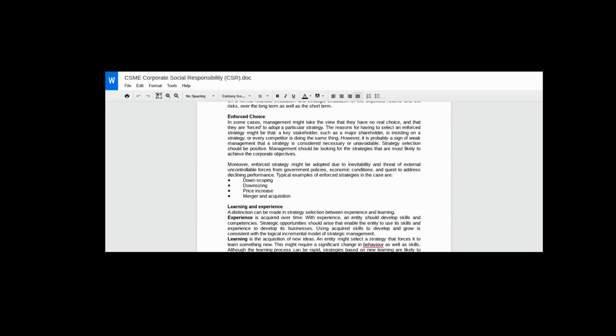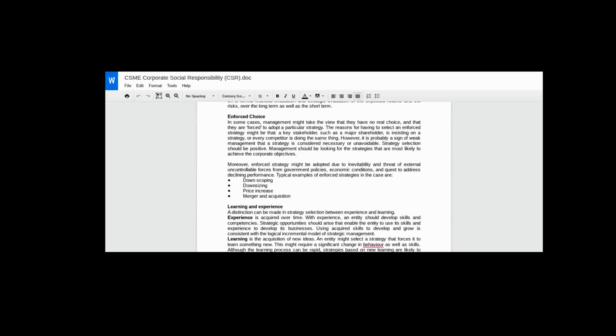That's some things that is beyond us. We don't have any choice than to use that strategy. And this might come as a result of the external threat or shock that emanate from the uncontrollable forces, such as government policy, economic condition, and probably the company is using that enforced strategy because of the quest to address declining performance.